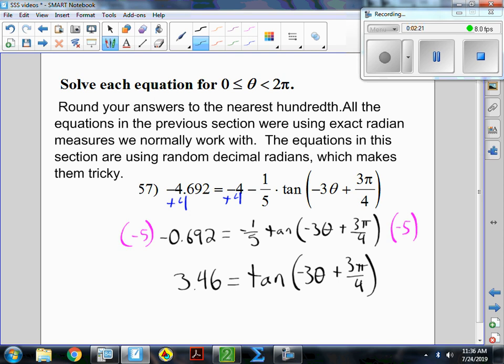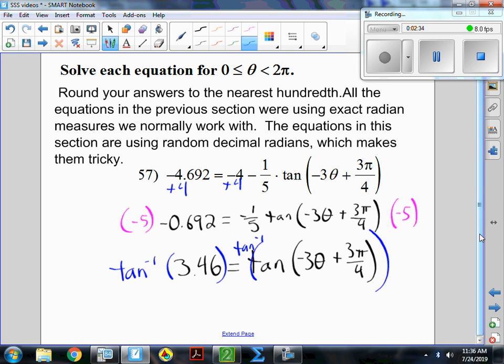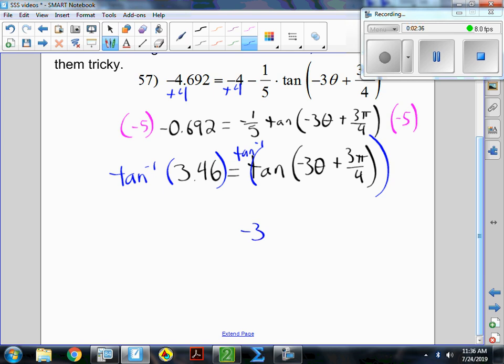So we're going to take the inverse tangent on both sides, see what happens. On the right-hand side, we're going to be left with negative 3 theta plus 3 pi over 4 that we can manipulate once we get our general equation.